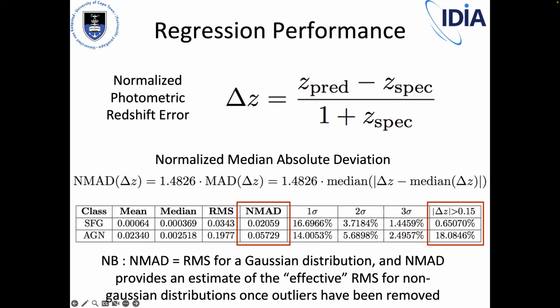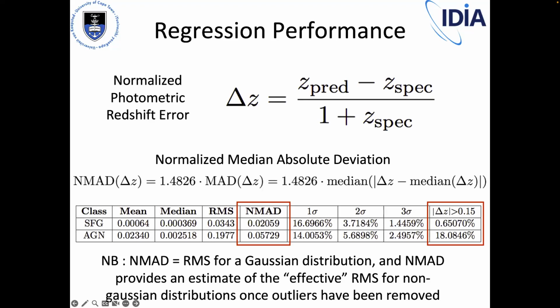If the distribution is not Gaussian because you have a large number of outliers, so sources that are far away from the one-to-one relation, the NMAD will be a measure of the typical error of an individual source, but the RMS will be larger because it will be affected by the outliers. And here you can see an example of what I mean.